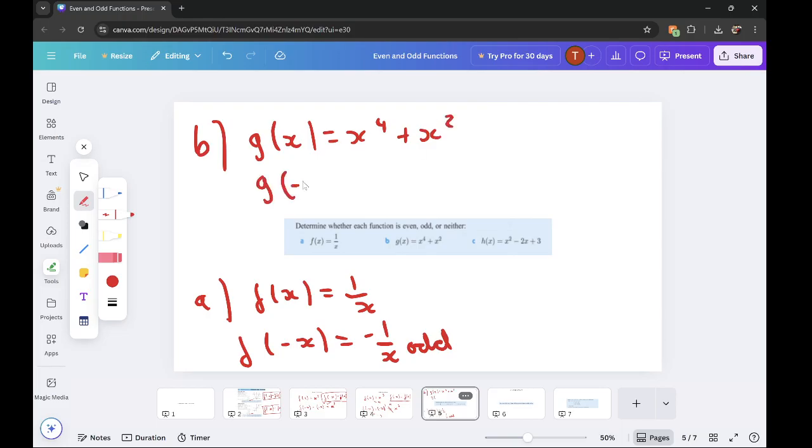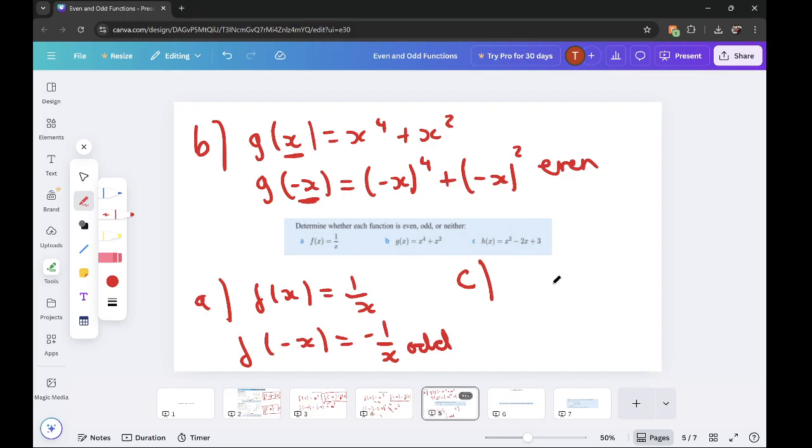So g of negative x should be equal to negative x to the power of 4 plus negative x to the power of 2. Since both of these are even powers, they should give you the same answer as when you plug in x and negative x. So this is an even function. Yes? Now let's move on to c.